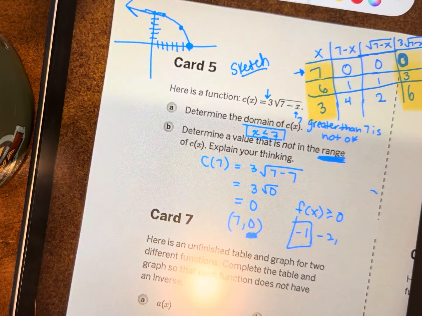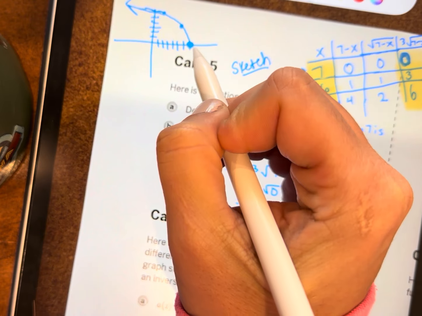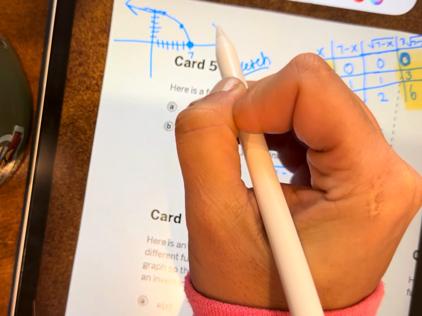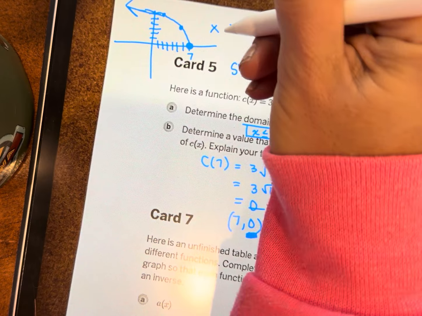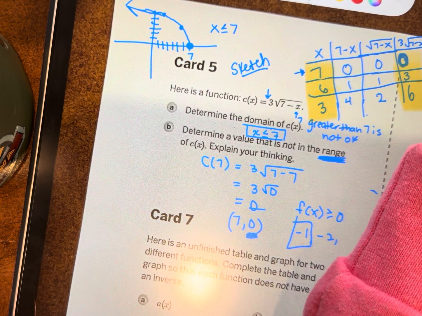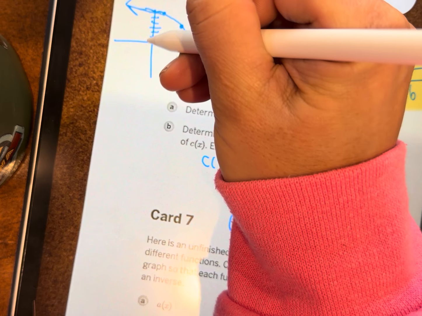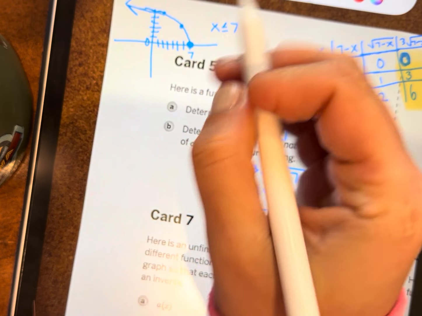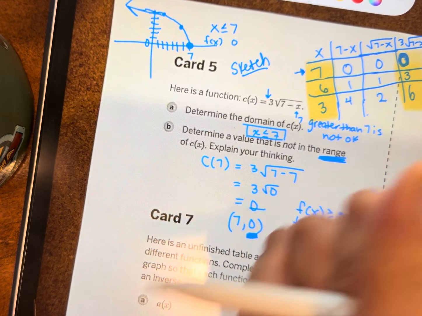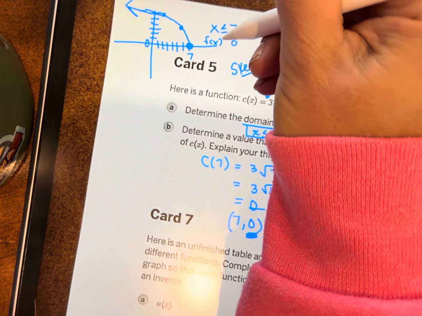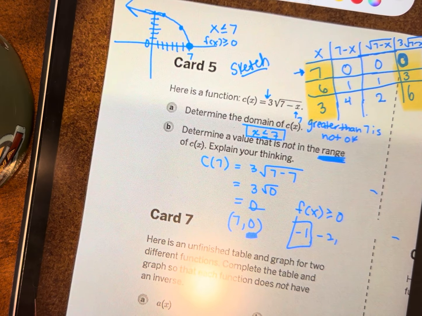Okay? So now looking at the sketch, I can tell that the domain is x values that are less than or equal to 7, and that the range is y values that start at 0 and go up, so positive, so greater than or equal to 0.